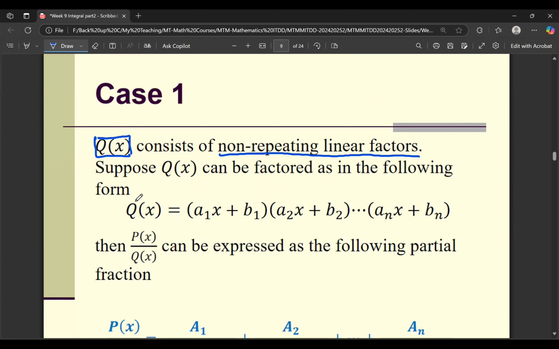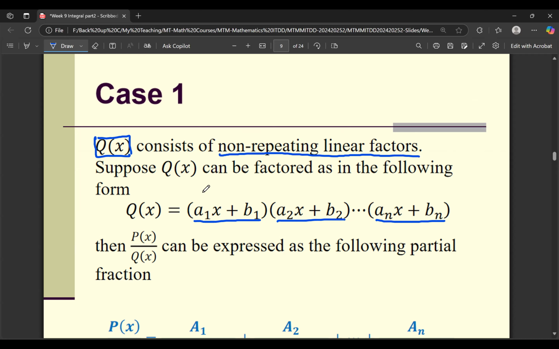It means that the factors of Q(x) are different: the first factor, the second factor, and maybe we have n factors.